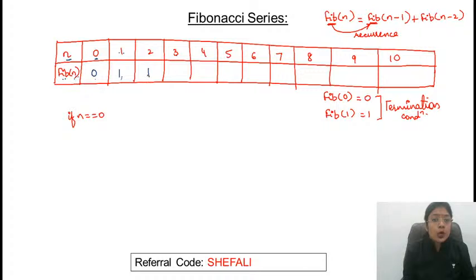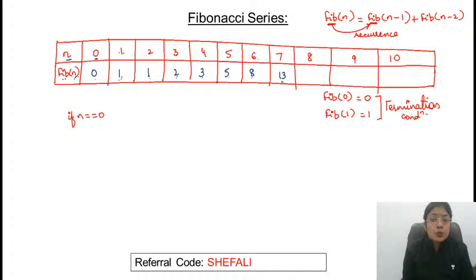Fibonacci of 3 is the sum of previous two terms, that is 1 plus 1, that is 2. Fibonacci of 4 is 2 plus 1, 3. Fibonacci of 5 is 3 plus 2, 5. Fibonacci of 6 is 5 plus 3, 8. Fibonacci of 7 is 8 plus 5, 13.